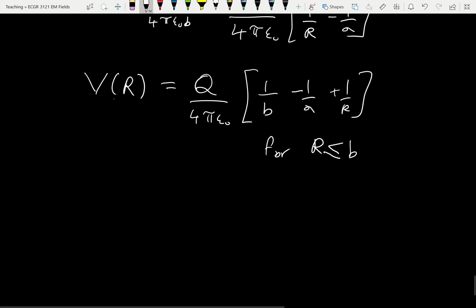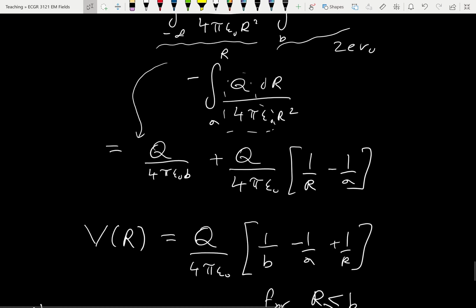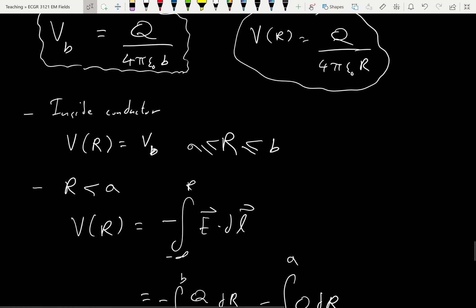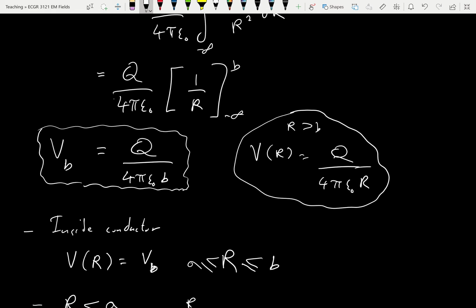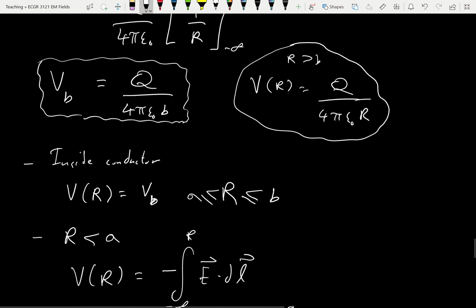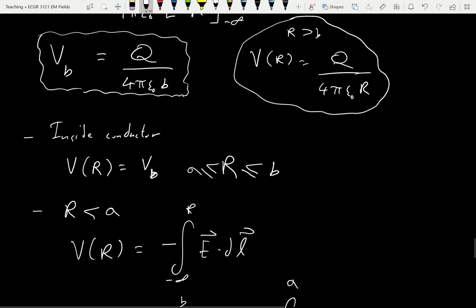Right? So let's plot this. So let me plot V versus R. For R larger than B, this is the formula. It's not an inverse square, it's just an inverse.